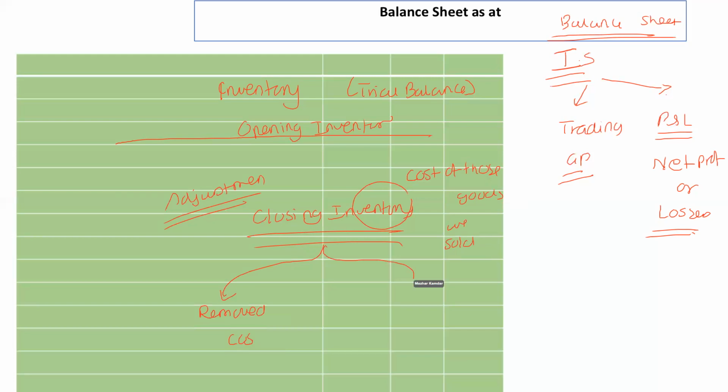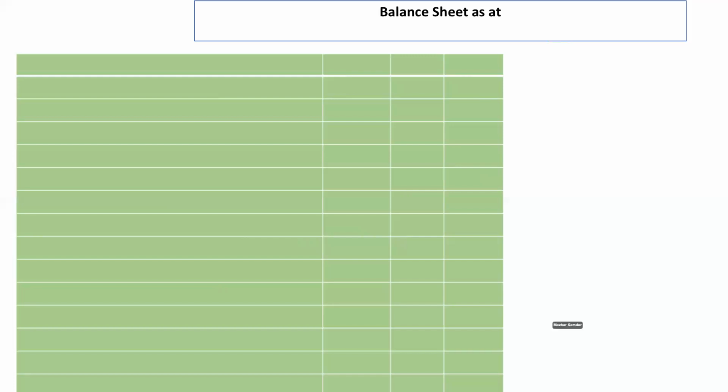The second effect of closing inventory is that this inventory belongs to us. So it forms a part of the current assets and it will be sold next year. Next year, this would appear in the trial balance as opening inventory. This we had studied up till now.